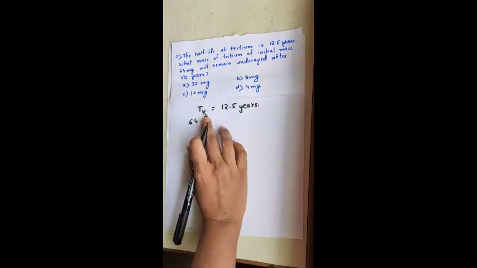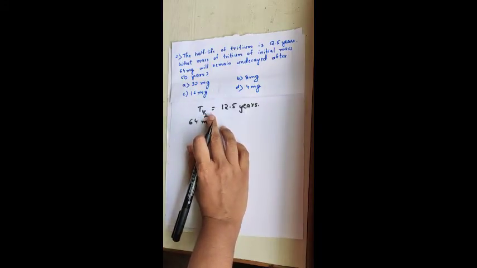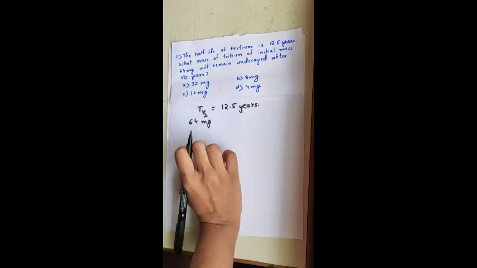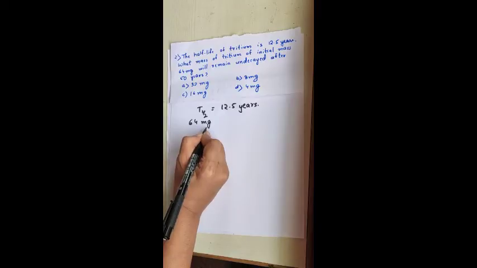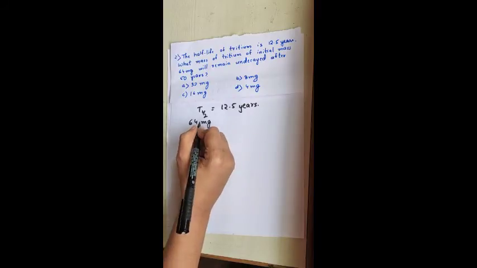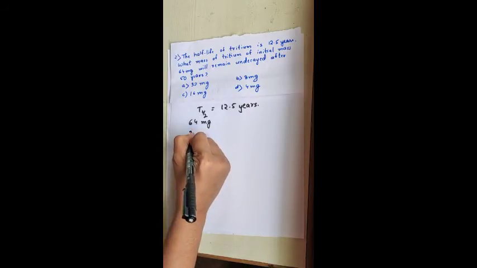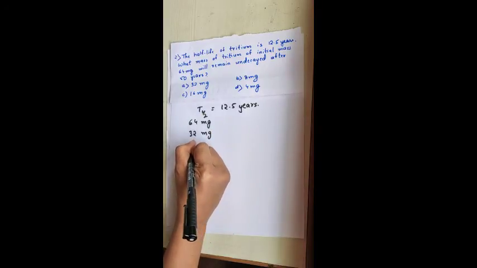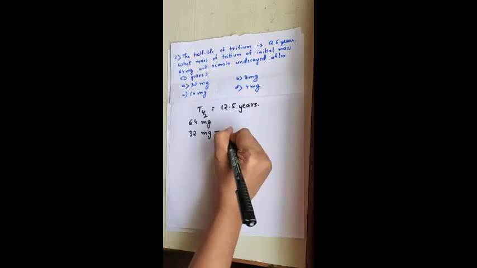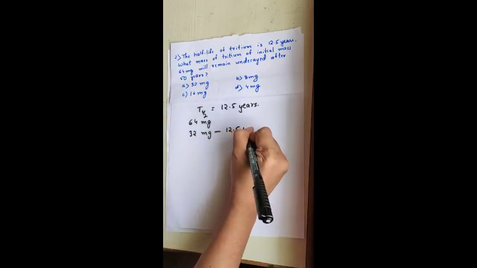As I told you, T half is the time period required to reduce the sample to half. So initially there will be 64 milligrams. Half of 64 milligrams is 32 milligrams, and the time taken to reduce to half of the initial amount is 12.5 years.